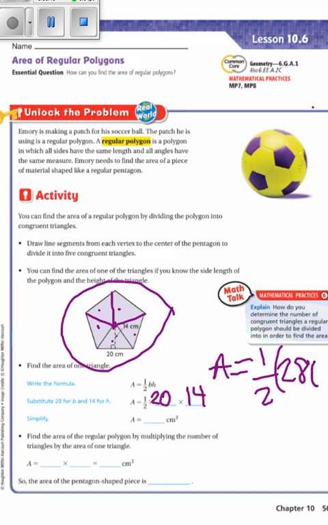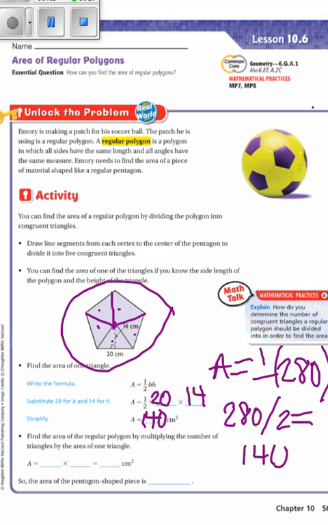That would be the same as taking 280 divided by 2. So we're going to do that. 280 divided by 2 equals 140. You can write that out with long division if you need to, or if you normally use a calculator, you can use a calculator also.